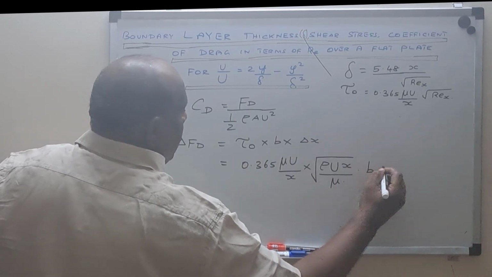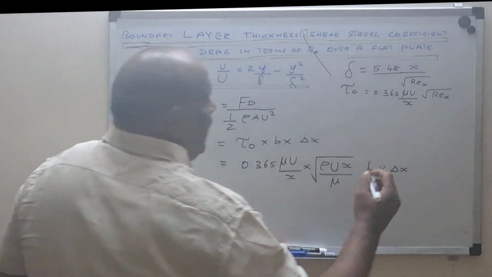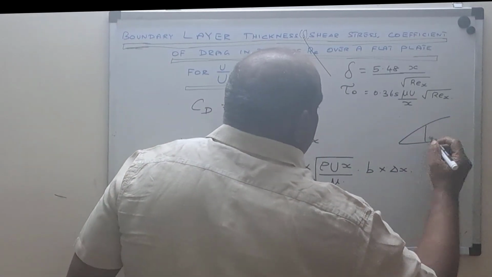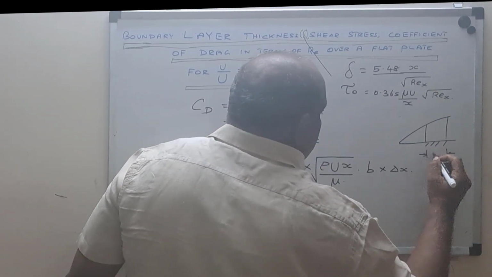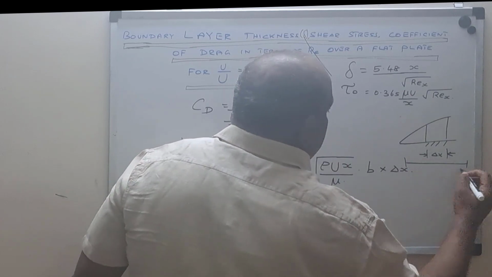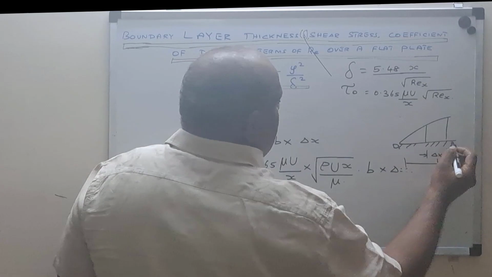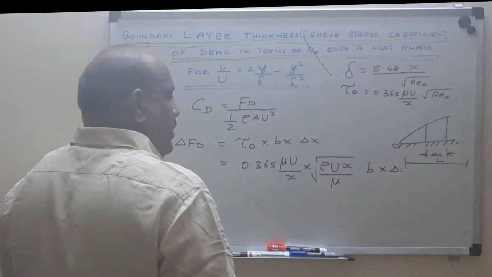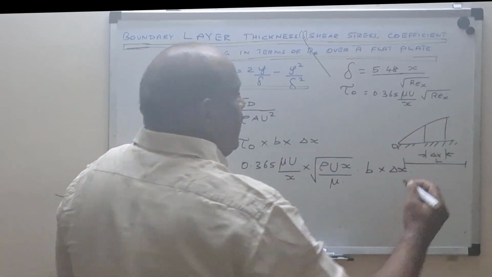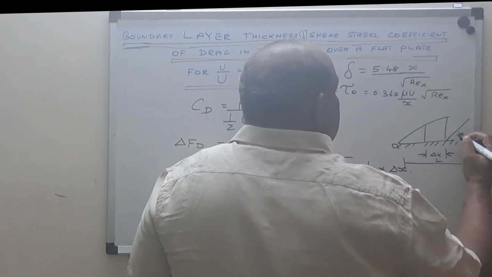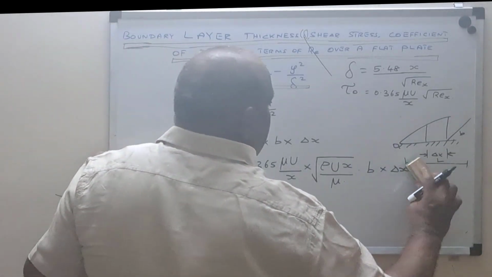This small elemental length is nothing but delta x. The whole length is called the capital length L. So you should know this is the trailing edge. This is nothing but delta x. So now I hope you can recall what is meant by delta x, and B is the breadth. In this dimension, this is nothing but the breadth of the flat plate. Okay, I hope you can recall those fundamentals.